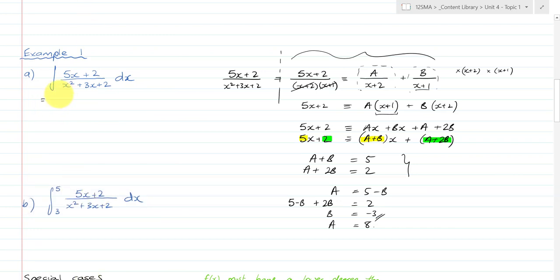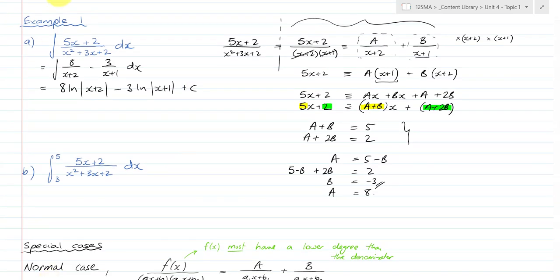This is equal to the integral of, instead of 5x plus 2 over all that stuff, I'm going to write it as 8 over x plus 2 minus, because it's negative 3, over x plus 1 dx, and that's equal to 8 log(x plus 2) minus 3 log(x plus 1) plus c. Now move this back up. We do have a definite integral component to this.